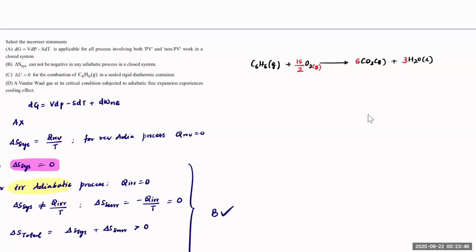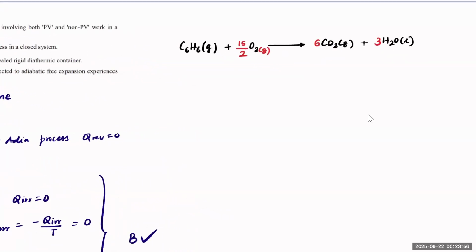Now, what is being asked is delta U is equal to 0 for a sealed and rigid diathermic container. This is where one important thing about calorimetry has to be understood.